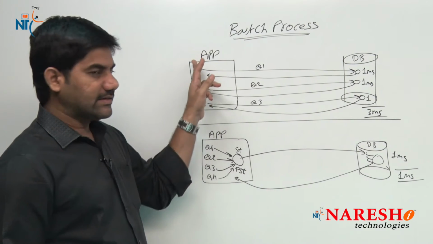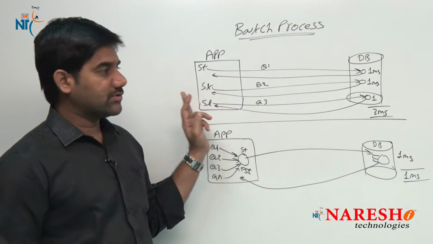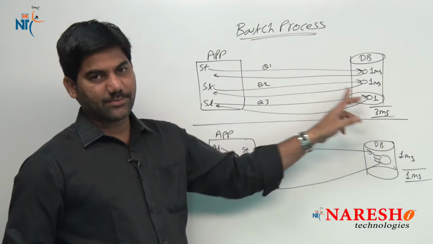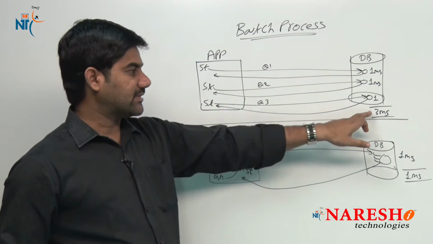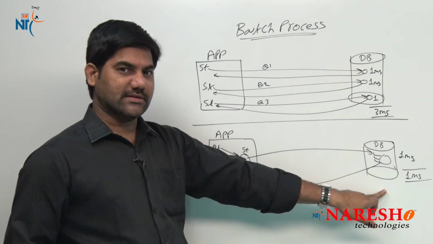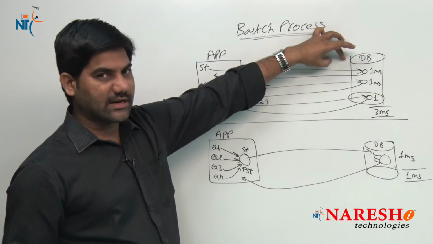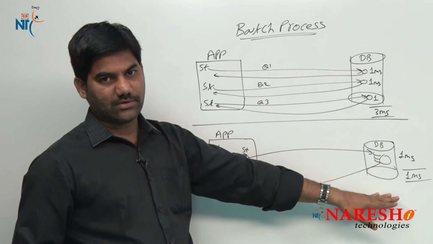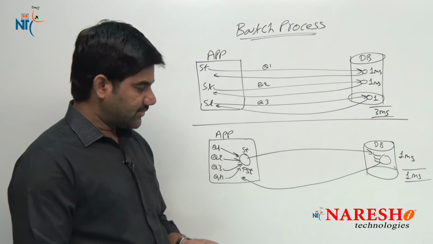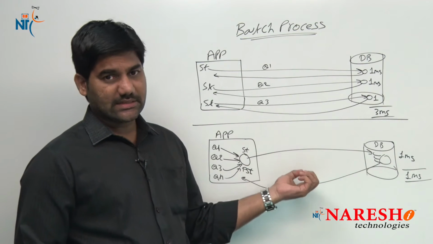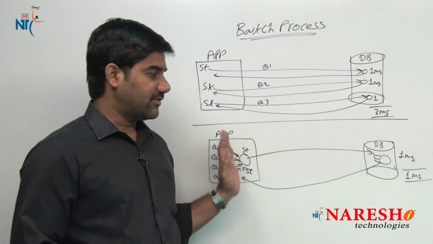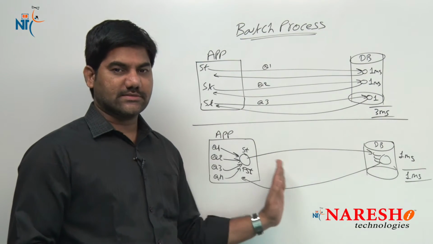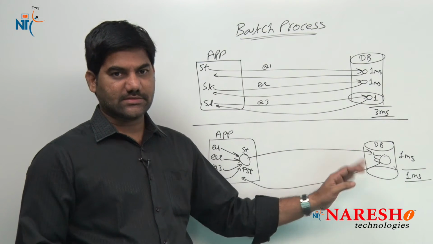But here, if you want to execute 10 queries, you must travel 10 times and come back 10 times. So 10 milliseconds, here 1 millisecond. Here if I want to execute 100 queries, 100 milliseconds, but here, sir, 1 millisecond only. So this process reduces the time taken in the form of traveling operations, the journey operations.